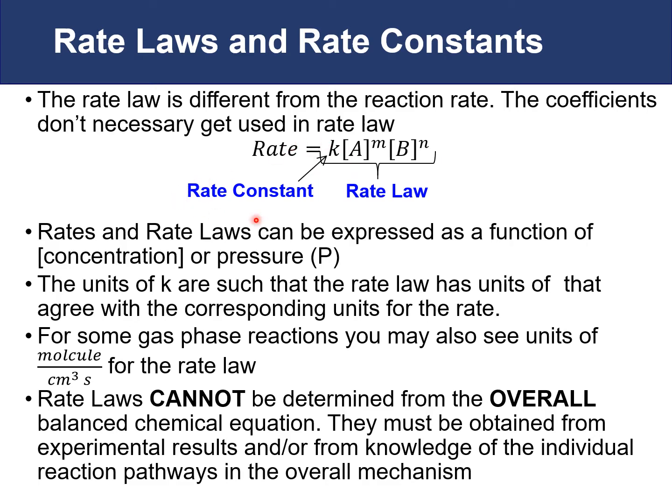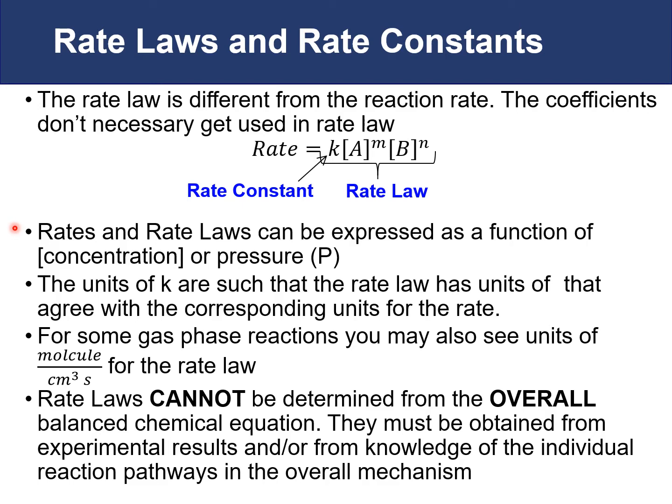There's a rate constant that's used to convert concentrations and take a bunch of other components into effect, like how frequently a particular collision gives you a successful reaction. So the rate law can be expressed as a function of concentration or pressure, depending on whether you're working under a solution or aqueous phase or in the gas phase.